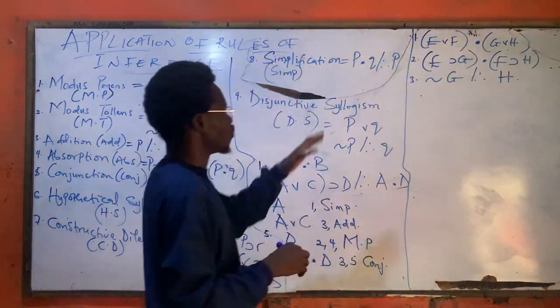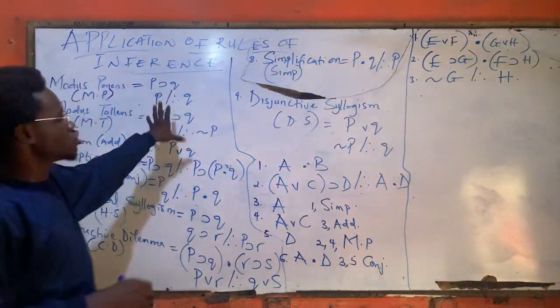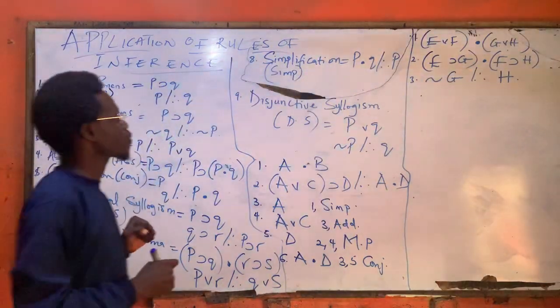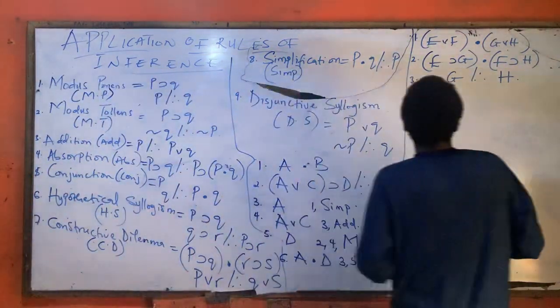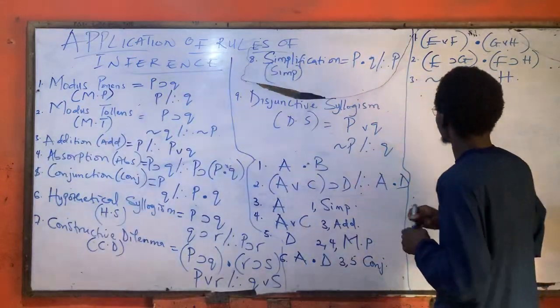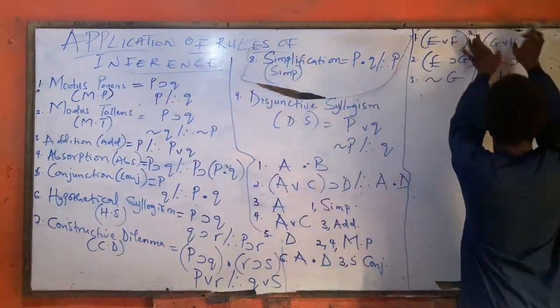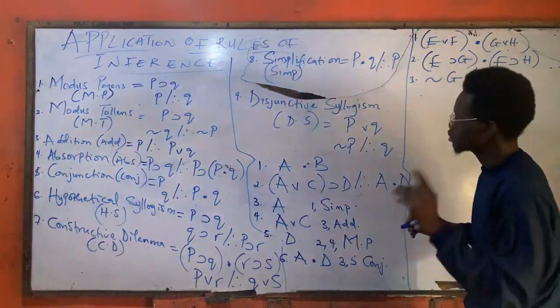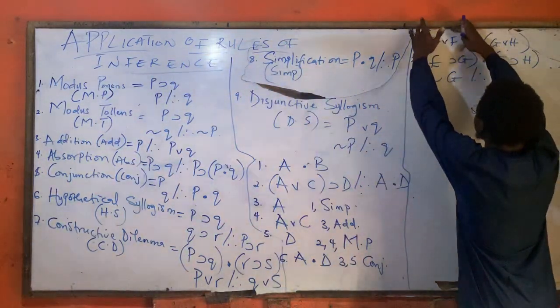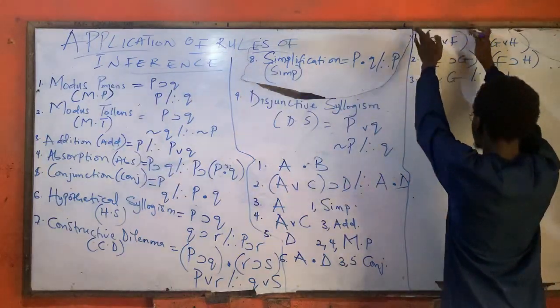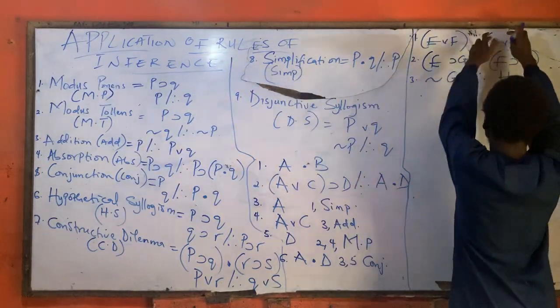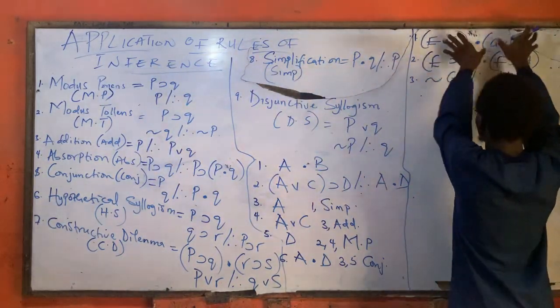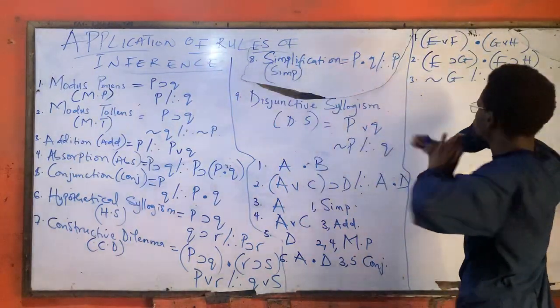Now, with these arguments, we are using these rules of inference. There's one thing you need to understand. When you have variables inside brackets, don't get it twisted. Everything in this bracket here, and in this bracket here, is equivalent to one variable.